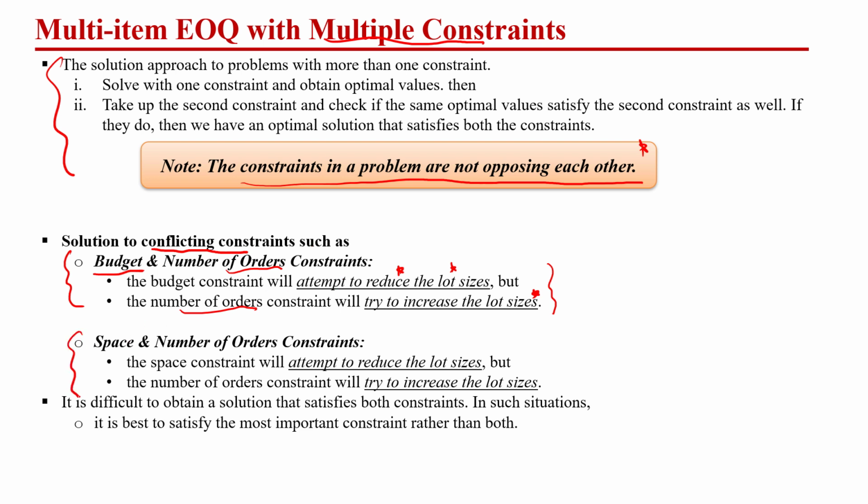Same is the case with a space constraint and a number of orders constraint. In a space constraint we try to reduce the lot size, but with the number of orders we try to increase it. In that case both constraints must be satisfied, or another approach is to pick the more important one in that particular situation.